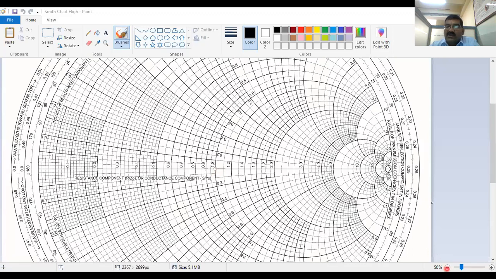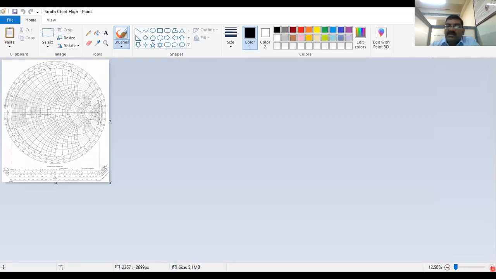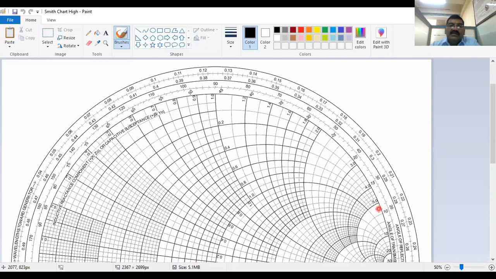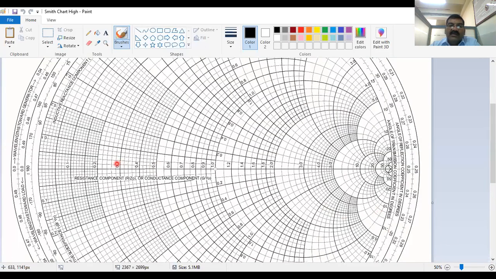I'll show you the entire Smith chart as you are seeing here. Now I'll maximize it and explain. This is the center line, the horizontal line. This horizontal line is for the resistance. These are the resistances.